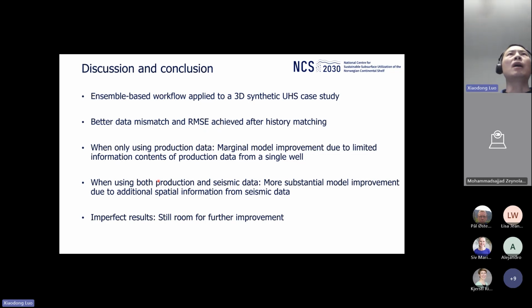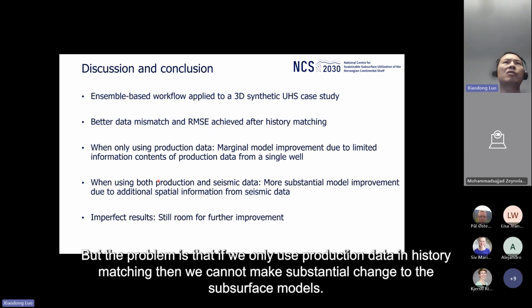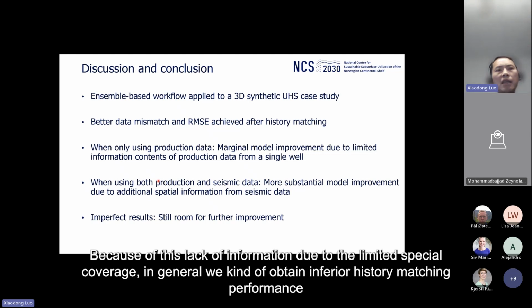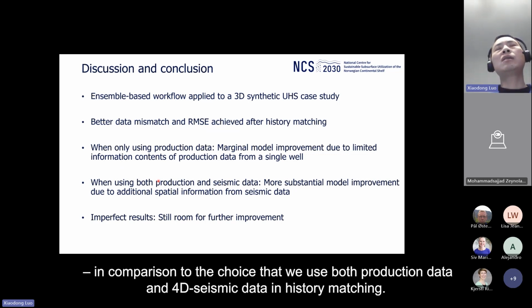But the problem is that if we only use production data in history matching, then we cannot make substantial changes to the subsurface models.